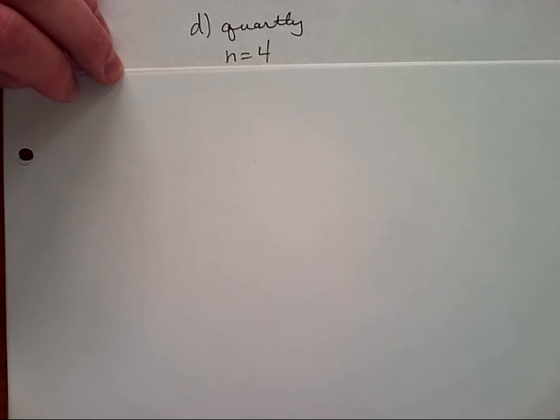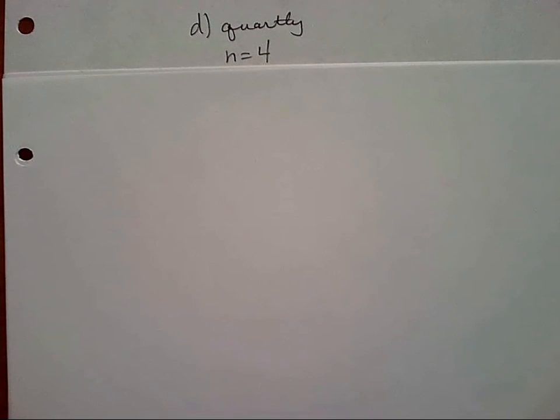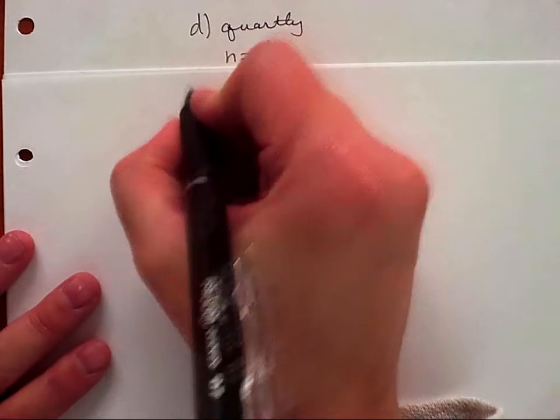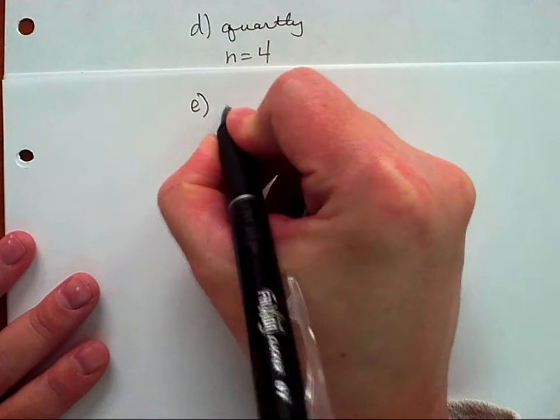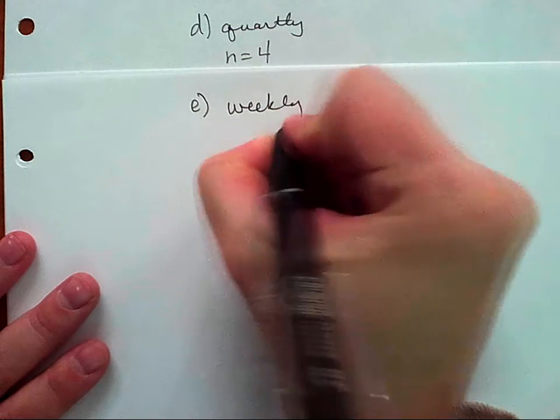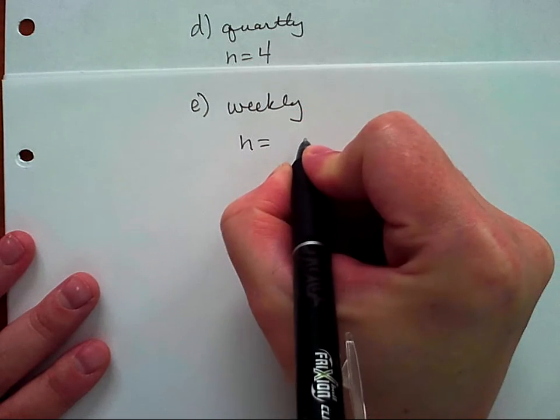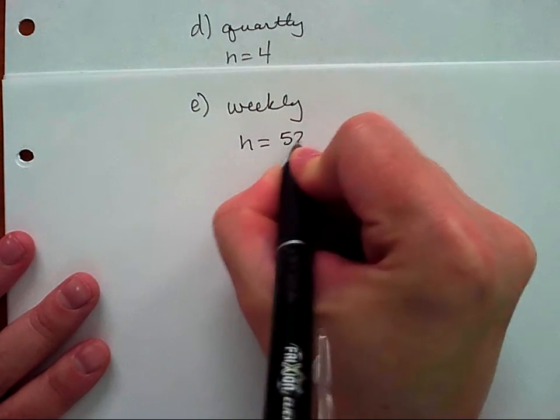What else? Hourly. Oh, goodness, I don't know if anybody's compounding anything hourly. Weekly? How many weeks are there in a year? 54. I think we need to get on the same page about that. Let's write that down. N equals, how many weeks are there in the year? 52.